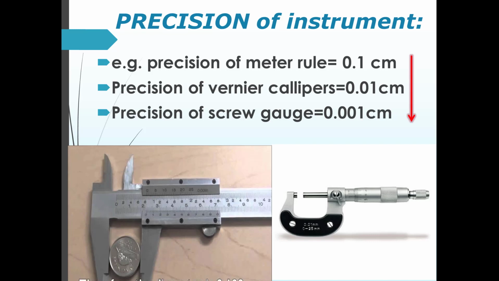So as we go along, the least count decreases, the values are more and more precise, and less uncertainty is there. So precision depends on the instrument. If you are using a different instrument, then different precision is there.